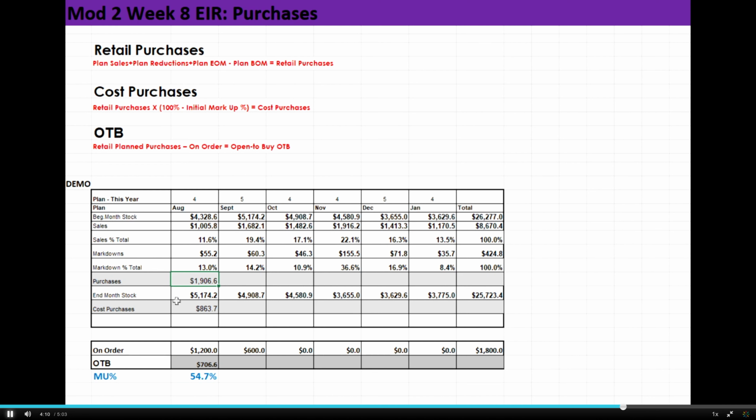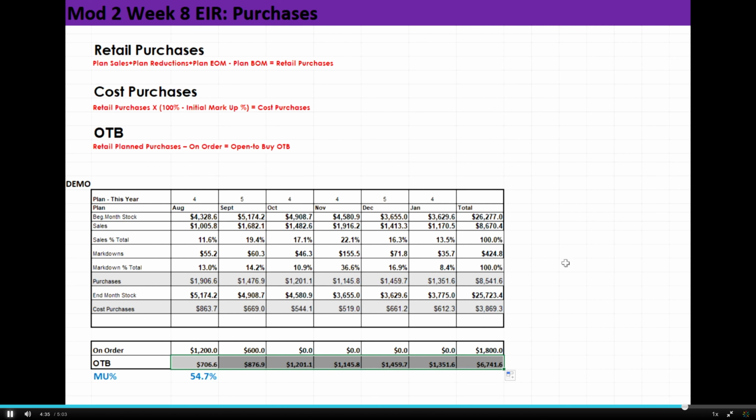Now that we have created these formulas, we're going to drag them across and complete the rest of the table. And what you'll notice here is because there is an on order in October through January, your open to buy is equal to your retail purchases.